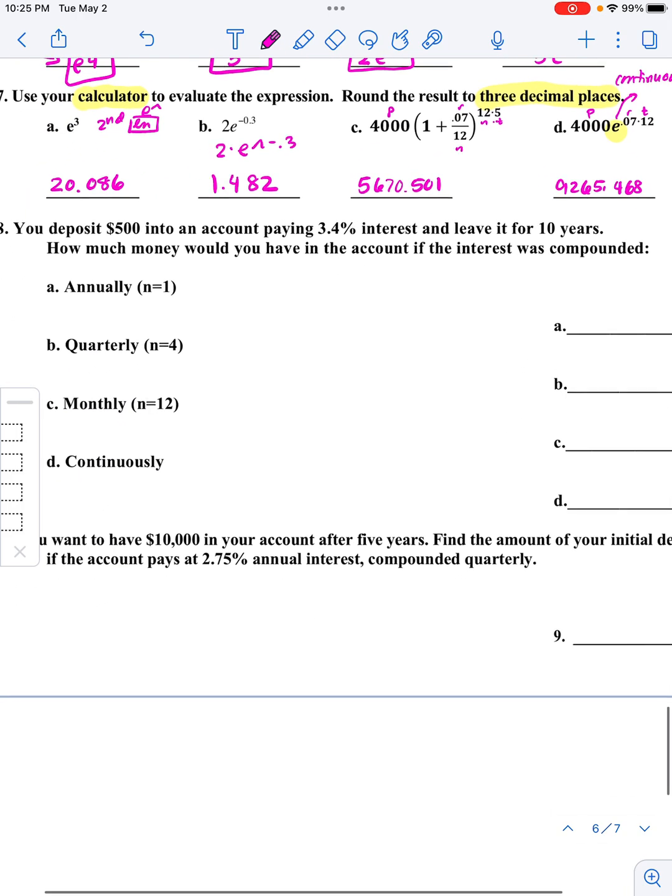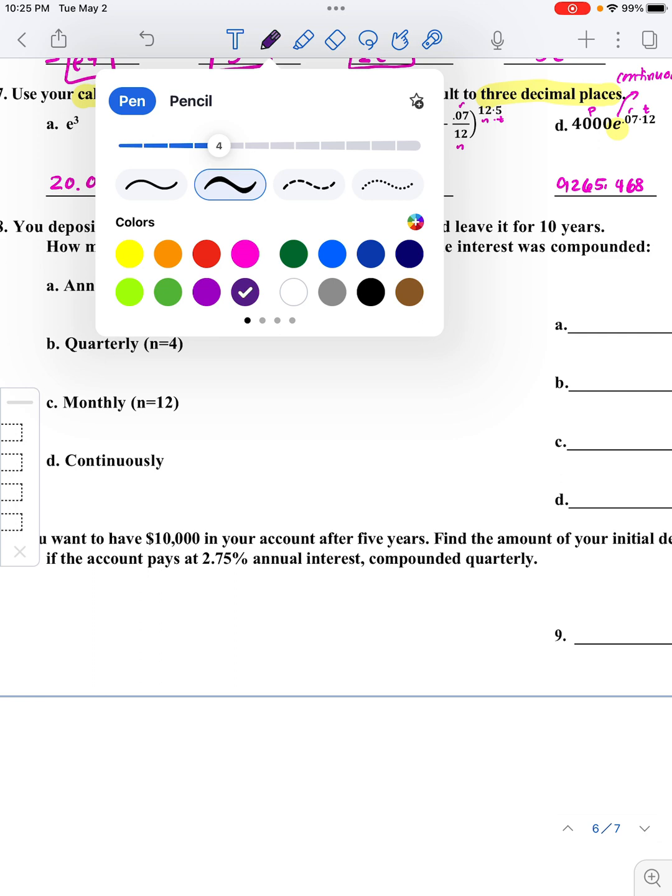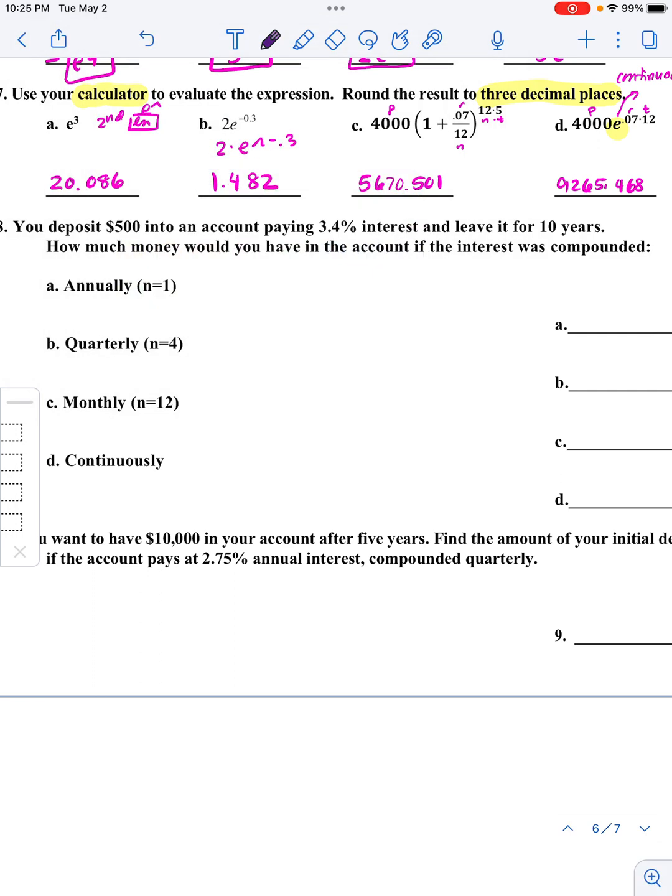All right. Now we're going to get into our interest problems. It says you deposit 500. So this is actually kind of back to 7.2 with the exception of this part. So you deposit 500. So for all of these problems, that's going to be the P in our A equals P problem.